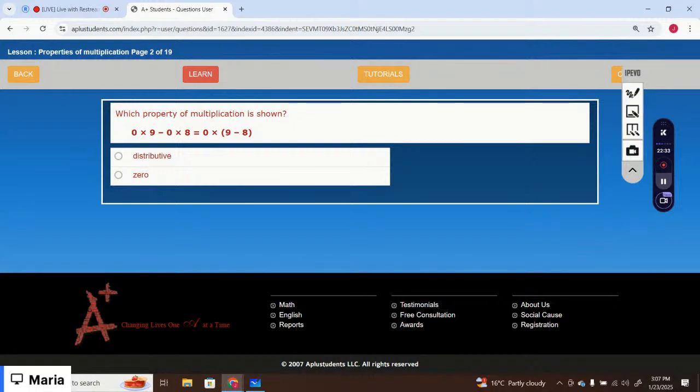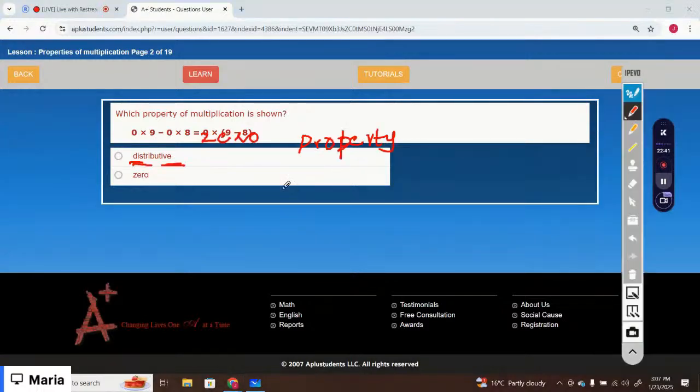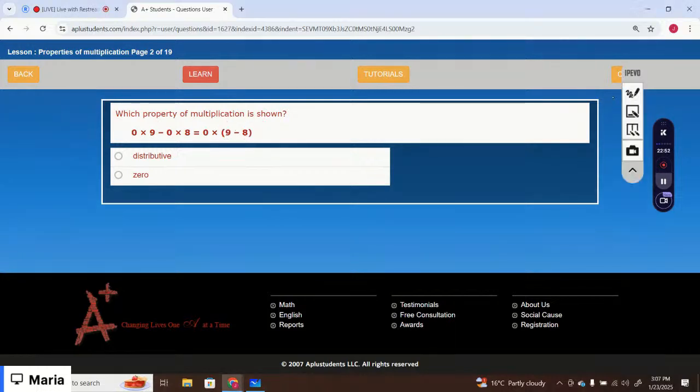That is distributive property. When you have 0 times 9 minus 8 like this, you have multiplication and another sign over here, either addition or subtraction. Two of the operations are involved, then that would be the distributive property.